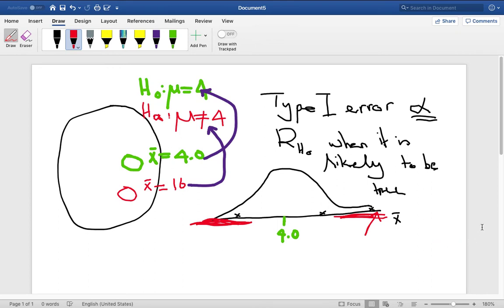So if I'm prepared to take a 5% risk of rejecting the null hypothesis when it's true and making a type 1 error, I will set these red regions here equal to 5%. That is 2.5% here, and likewise, 2.5% here.